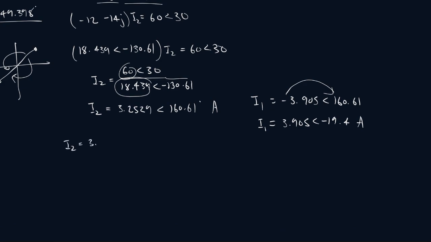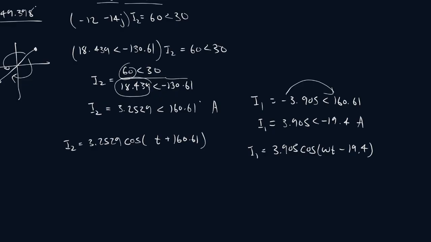So it's 3.2529 cos(wt plus 160.61). And for I1, it's 3.905 cos(wt minus 19.4).